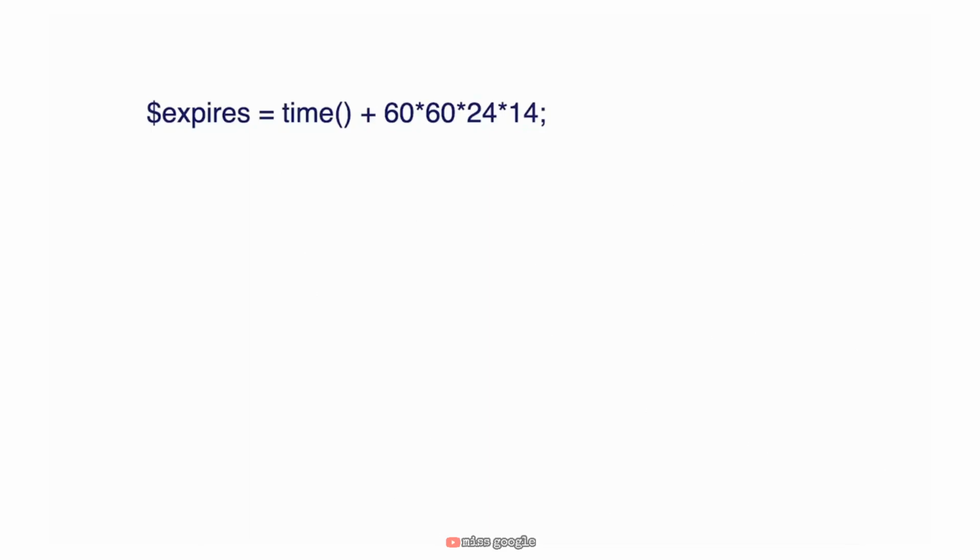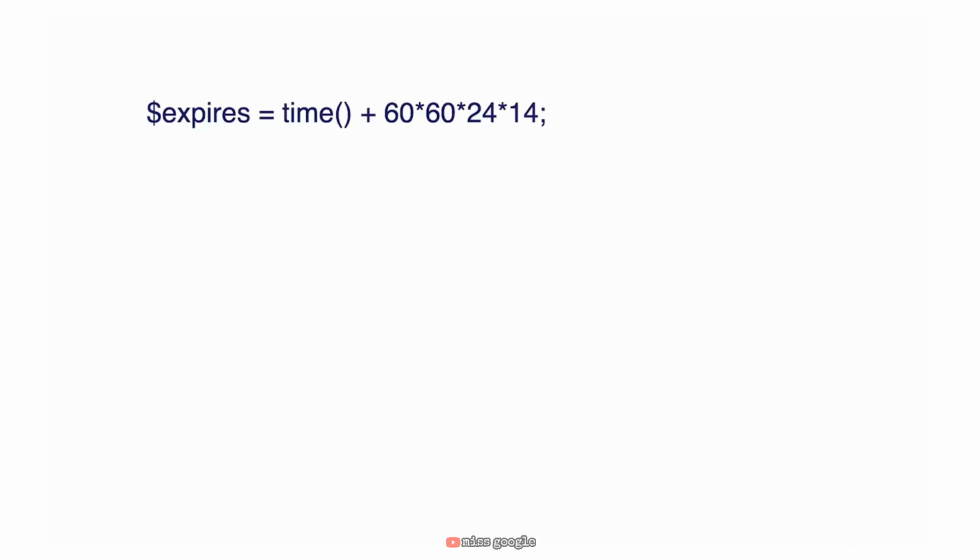So we can use that as a starting point and then perform some calculations to move ourselves forwards and backwards in time from that timestamp. So if we want to set an expiration 2 weeks from now, we could do it like this: time plus, and then you can see I'm multiplying some numbers together. That's 60 seconds in a minute, 60 minutes in an hour, 24 hours in a day, times 14, and that gives us 14 days. This is a common way to do it.